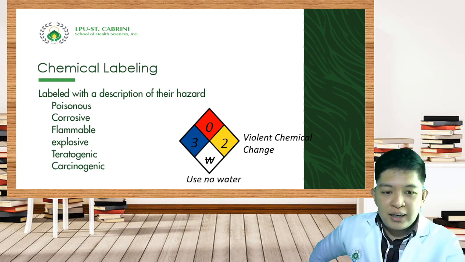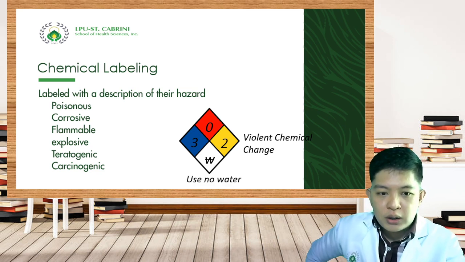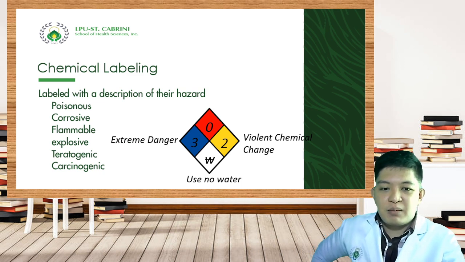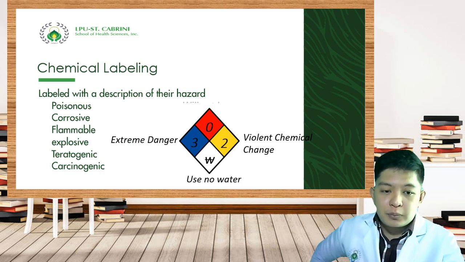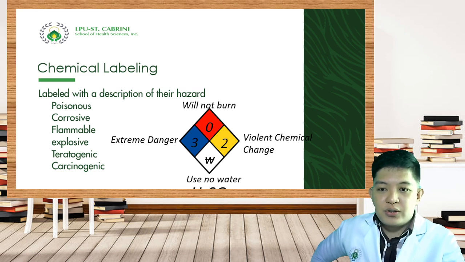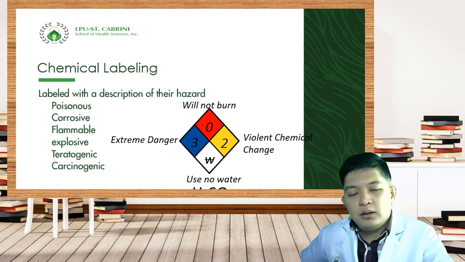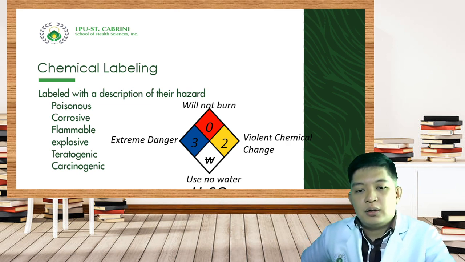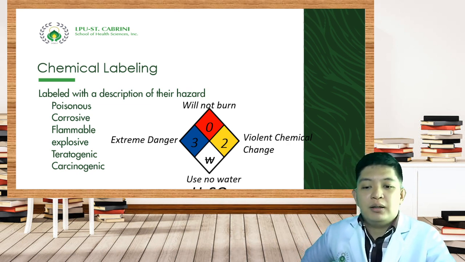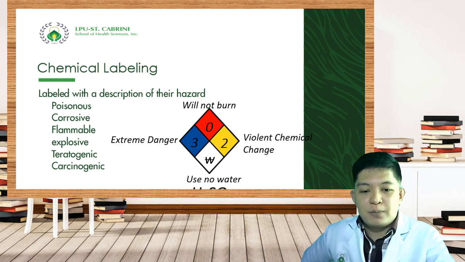W with a line is use no water. 3 is extreme danger. And 0 in the red quadrant pertains will not burn. Okay? So that is your sulfuric acid. So take note that this label should be present in the container, or in the label of your sulfuric acid.